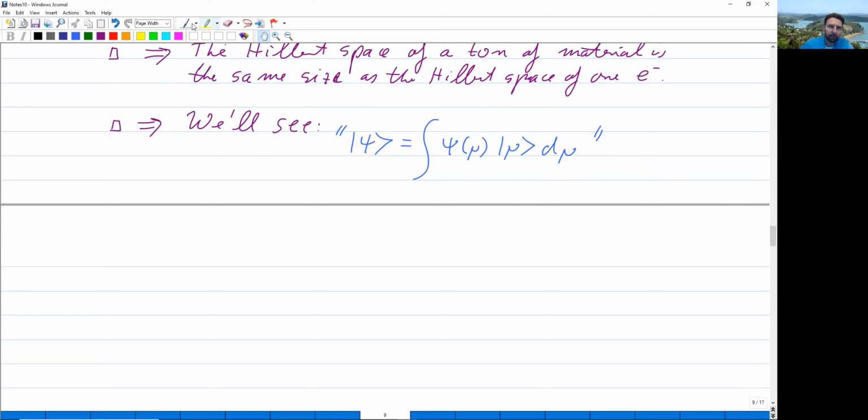But let me tell you already that there's a price to pay for this. These guys are not normalizable. And they are not in L2, so not in our Hilbert space.